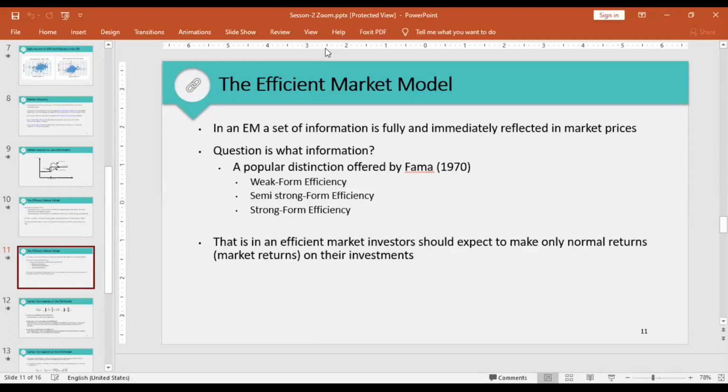But the problem is when it comes to the capital markets around the world, they are mostly semi-strong efficient. Because if you look at the capital market, it is prohibited to deal in insider trading. It is legally prohibited.